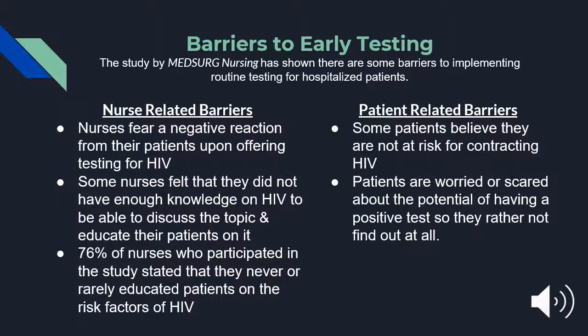Also, some nurses felt that they didn't have enough knowledge to be able to discuss this topic with their patients and educate them on what they need to know. And 76% of nurses who participated in this study stated that they never or rarely educated patients on the factors of HIV. 76% is a pretty high number, so more than half of nurses have never discussed HIV with their patients.